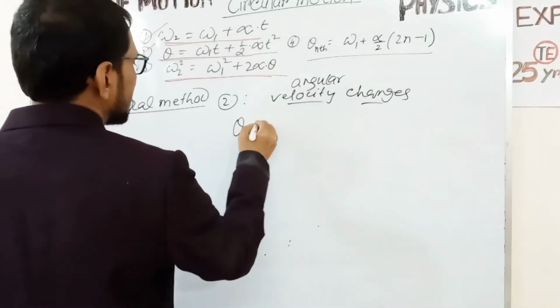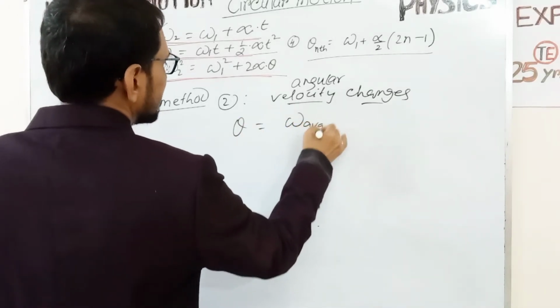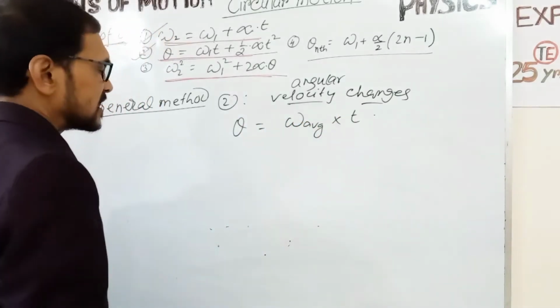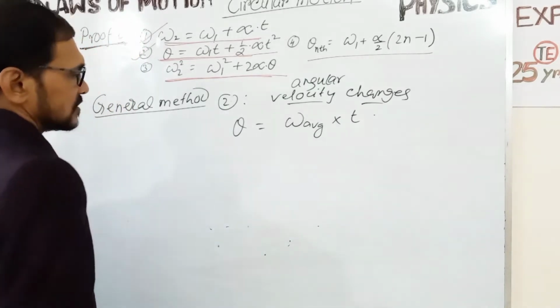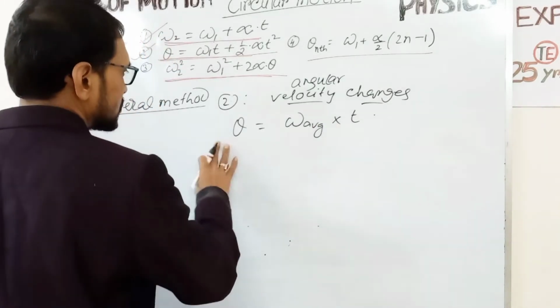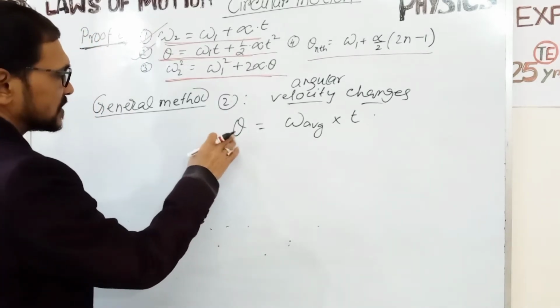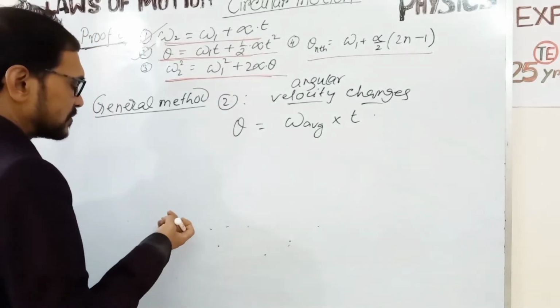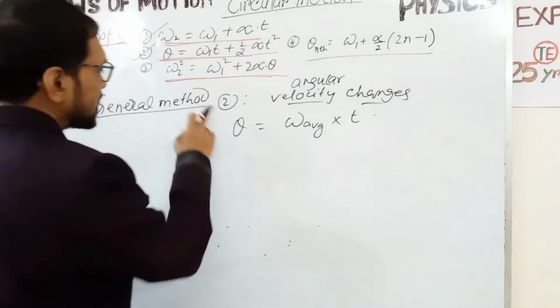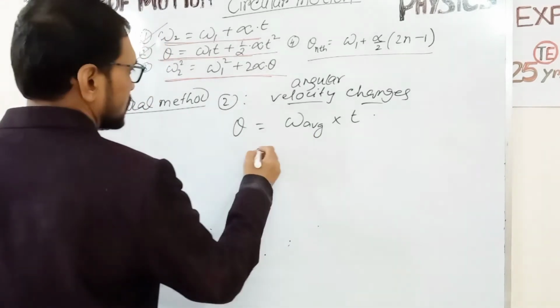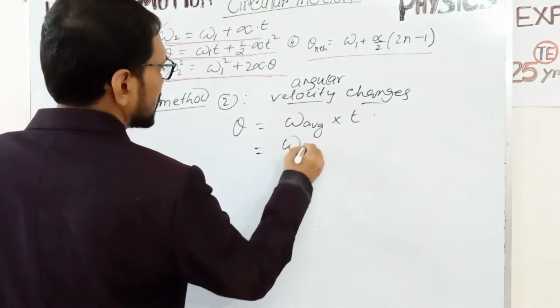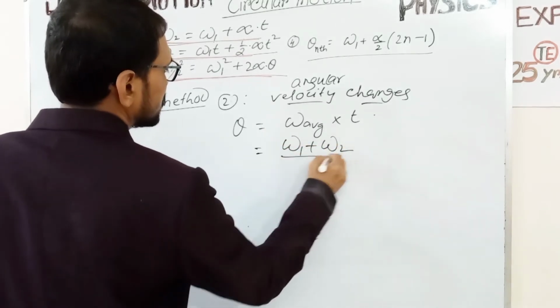So we can define theta equal to omega average into t, like the linear motion, distance equal to average velocity into time. So in angular motion, theta is the term similar to s. Now omega average equal to omega 1 plus omega 2 by 2.